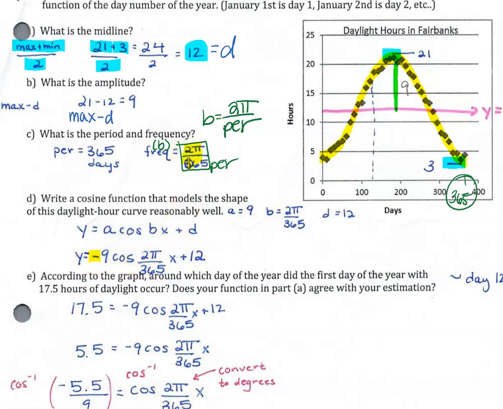The frequency, 2 pi over 365, goes in for B, and the midline, 12, goes right there. So my function is negative 9 cosine of 2 pi over 365 x plus 12. And that's the equation that best fits our picture here.